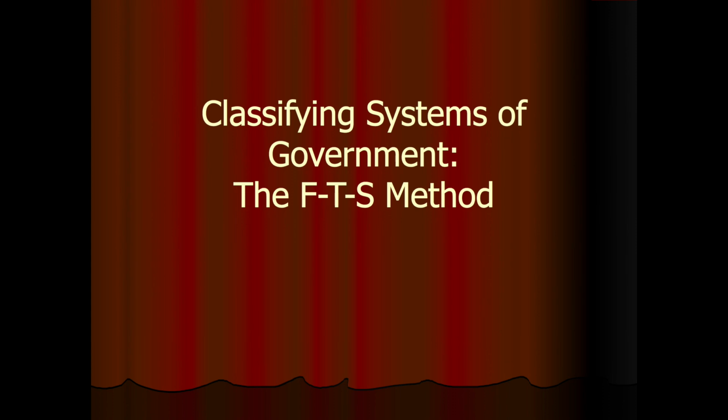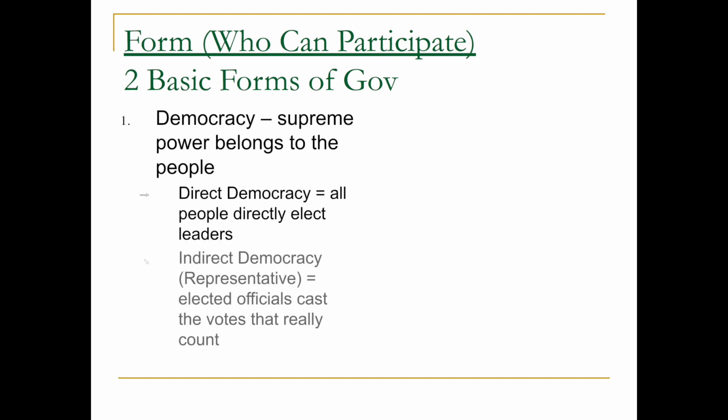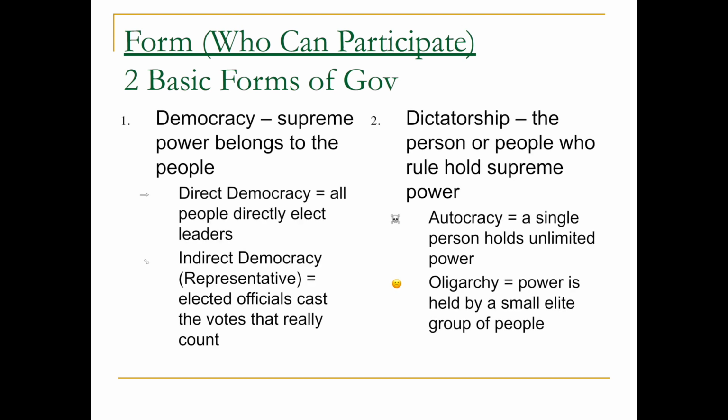And so form basically means who gets to participate. And there are two. And I'm just going to pull all of these up real quick. Okay? So if you've had, and you guys are all seniors, so you've had world history, and I know we really start a little bit later in world history, but even in junior high, you may have talked about ancient Greece, and talked about Athens.